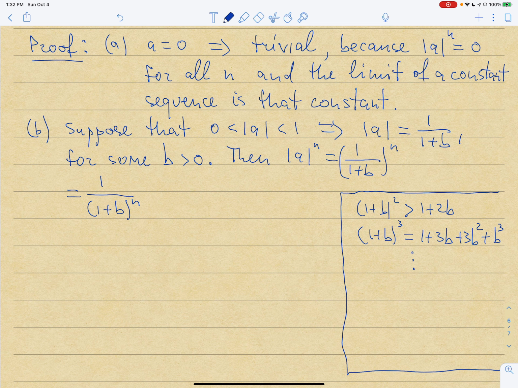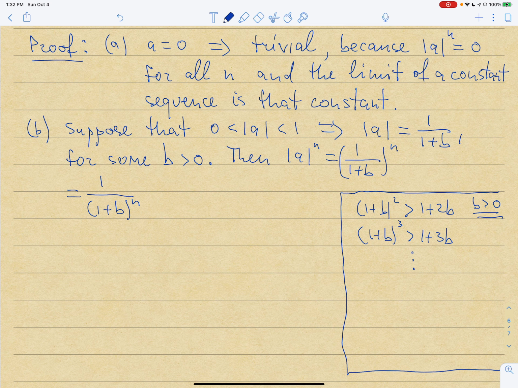If b is a positive number, like it is in this case, then also 3b^2 + b^3 is a positive number. So if I drop it, I'm going to make the right-hand side smaller. So same thing here. This is gone, and I can put a greater sign. Right, so this is for b greater than 0.